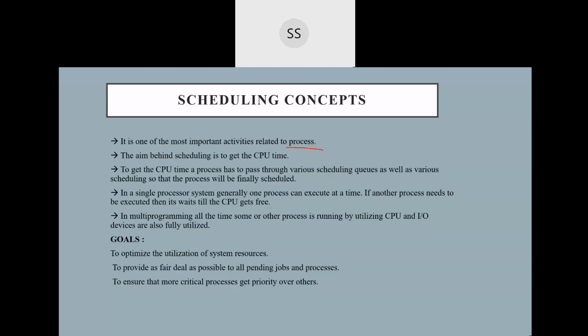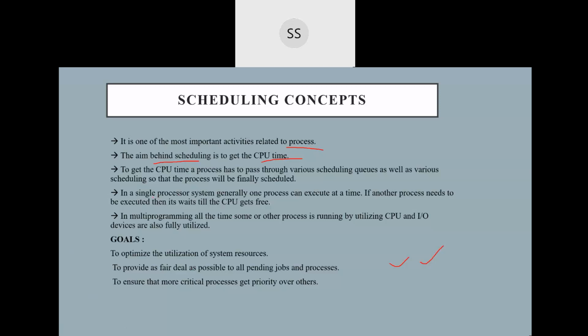The main aim of scheduling is to give some time to the CPU. Whenever we do some processing, the CPU does the work, but at other times it must take some idle state, and that can be done through scheduling.